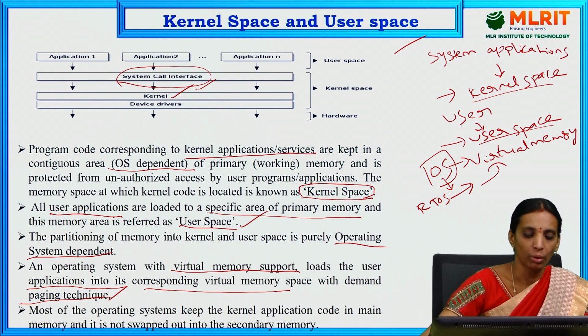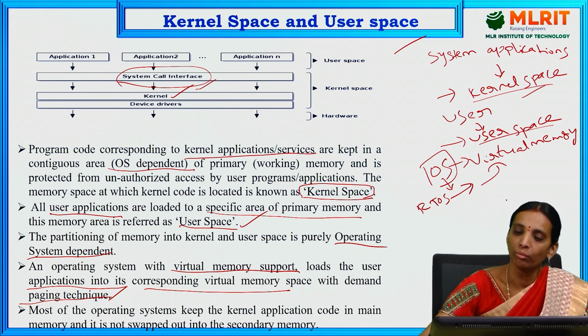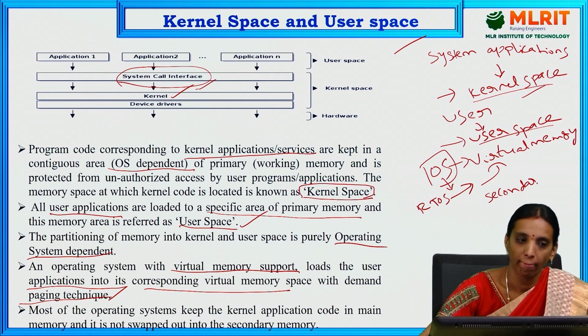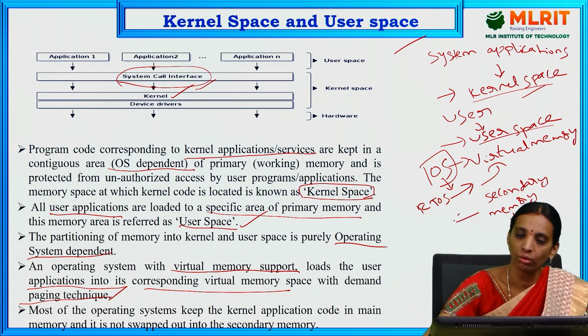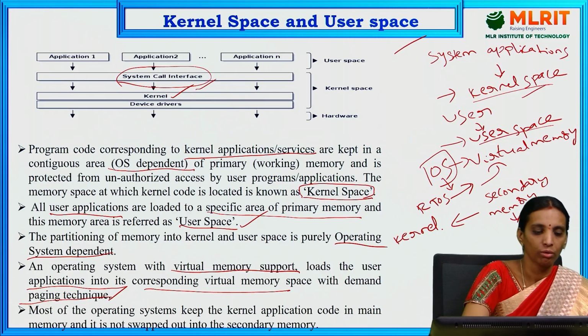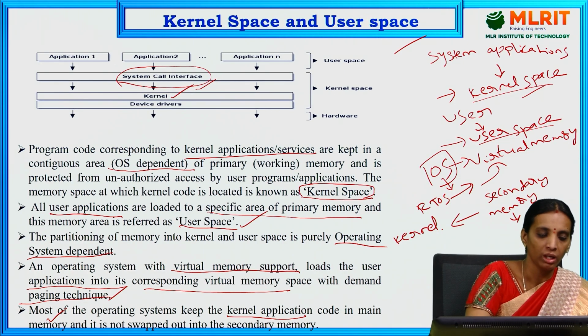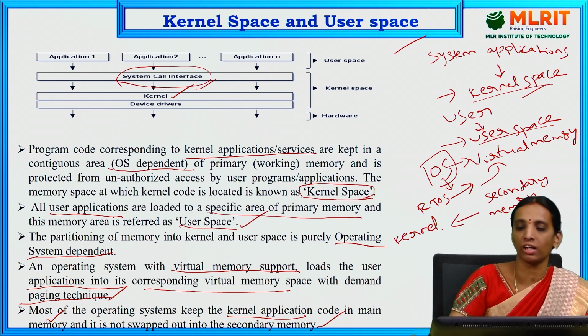Here, for the kernel space allocated, first we need to store our programs in the secondary memory, and from the secondary memory to the kernel. Most operating systems keep the kernel application code in main memory and it is not swapped into the secondary memory.